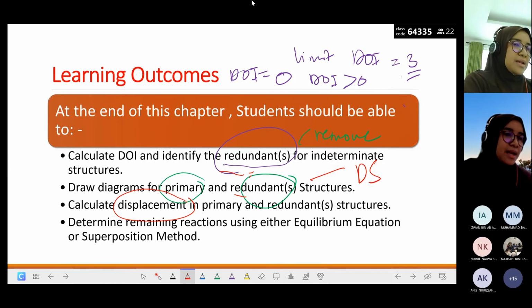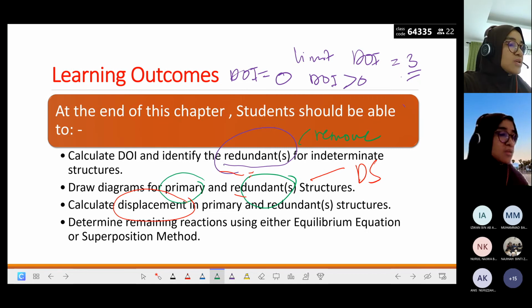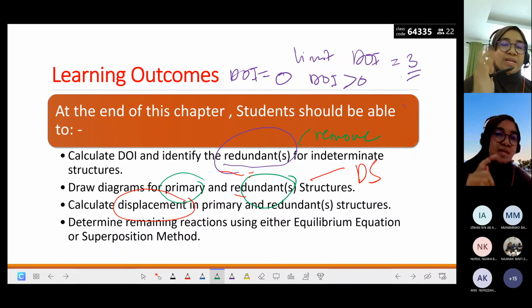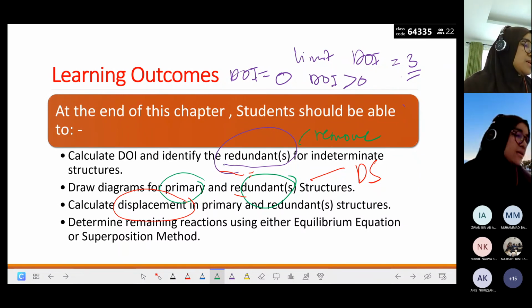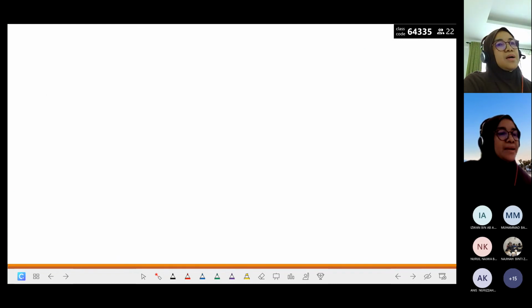Reaction is correct. Number one, reaction is correct. Shear force is also correct. Any more? Actually, only three. The answer is three only. Bending moment. Okay.